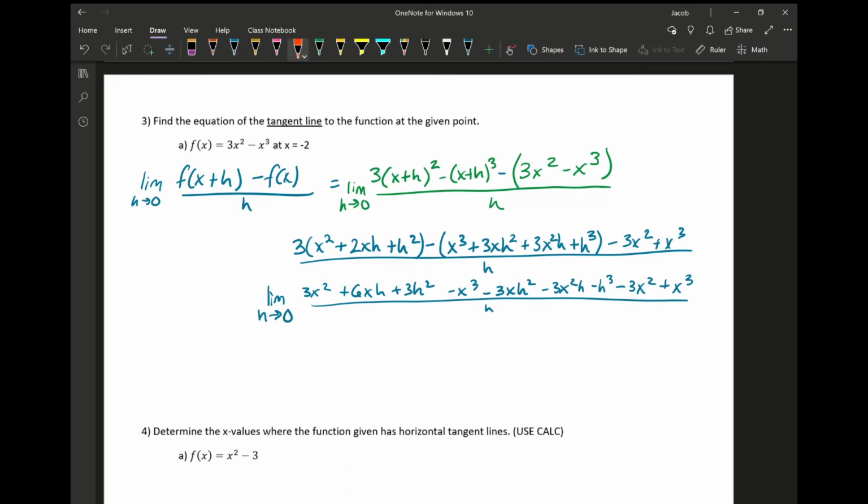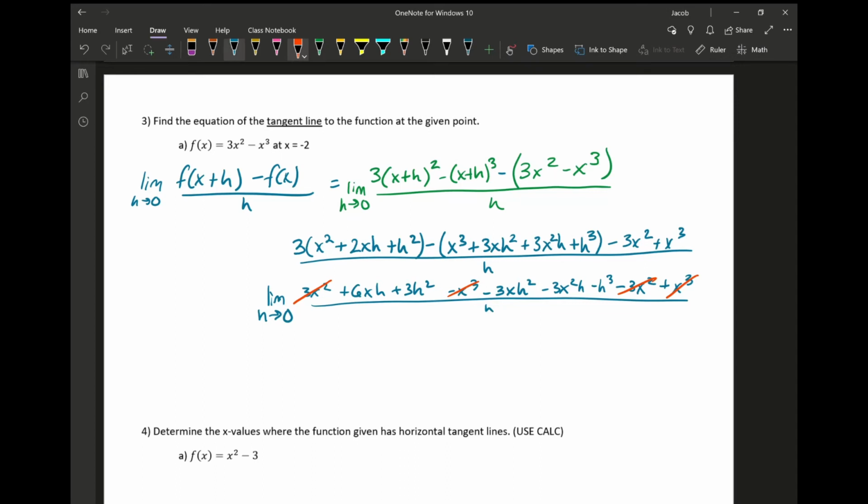So if things follow the similar pattern, which they do here, then everything that does not have an h in it will cancel with another term in the numerator. So 3x squared, negative 3x squared, x cubed, negative x cubed. It looks like everything else has an h.